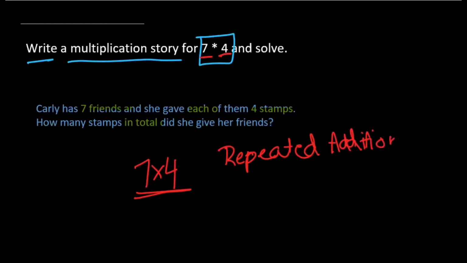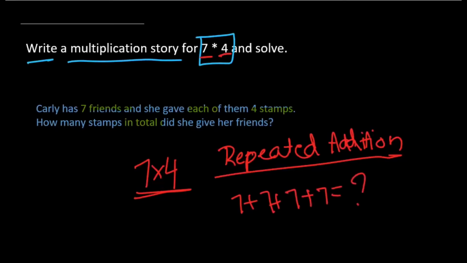It's nothing more than that. 7 times 4 basically means 7 plus 7 plus 7 plus 7 equals blank. It means adding 7 4 times. So let's add 7 4 times.